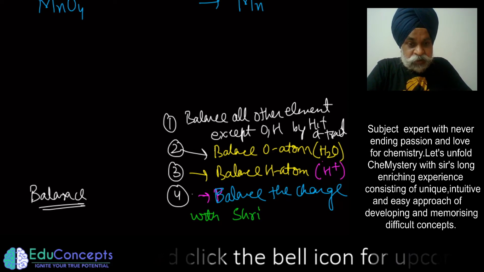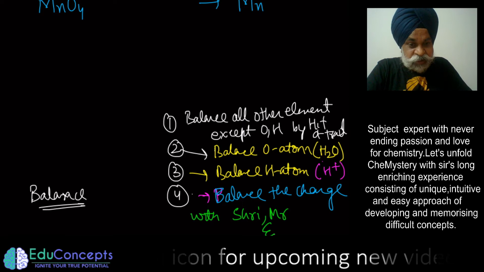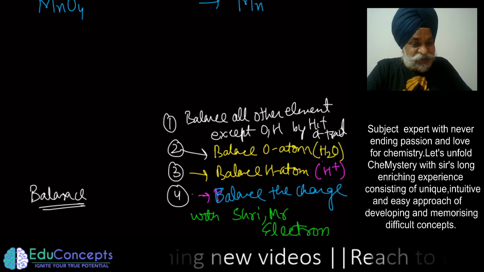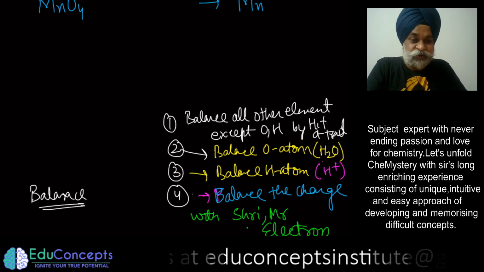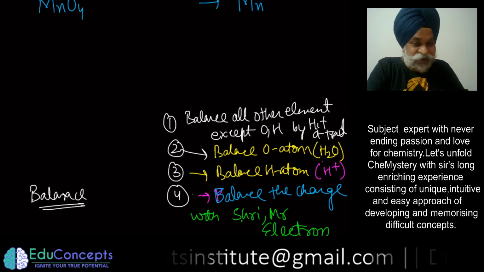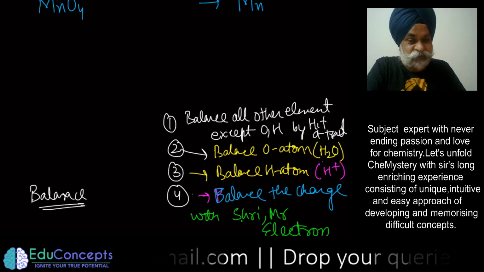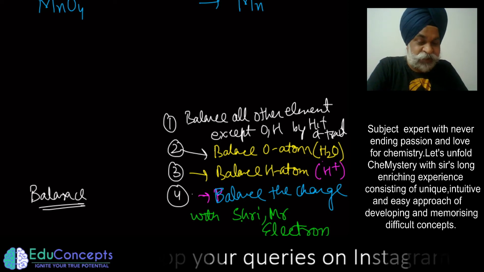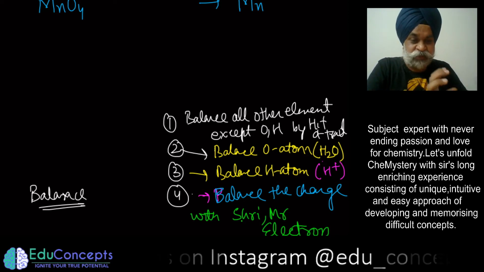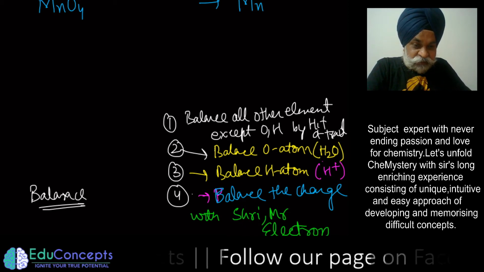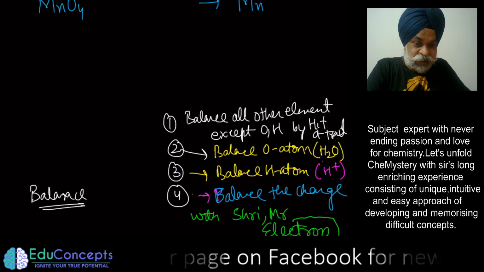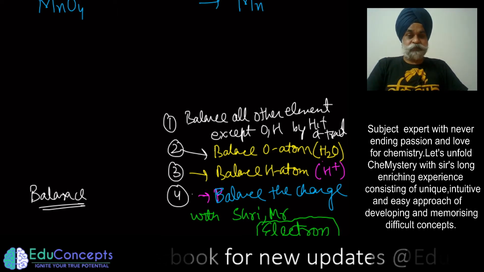Shri Mr. Electron, because electron is to be given quite a good amount of regard, because whole of chemistry revolves around electrons. There is loss of electrons, gain of electron, sharing of electron, every part of the chemical bonding works around the electron. So I give a lot of regard to this particular guy which we call electron.